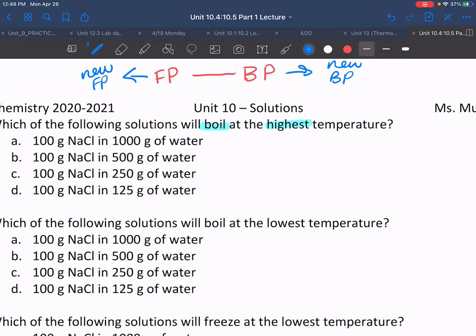The biggest concentration, which is D. So we are looking for the highest concentration because the more solute, the higher the new boiling point. If you were to look, the largest concentration will be D. All that's changing is how much water it's dissolved in. Being dissolved in the least amount of water means it's the highest concentration.